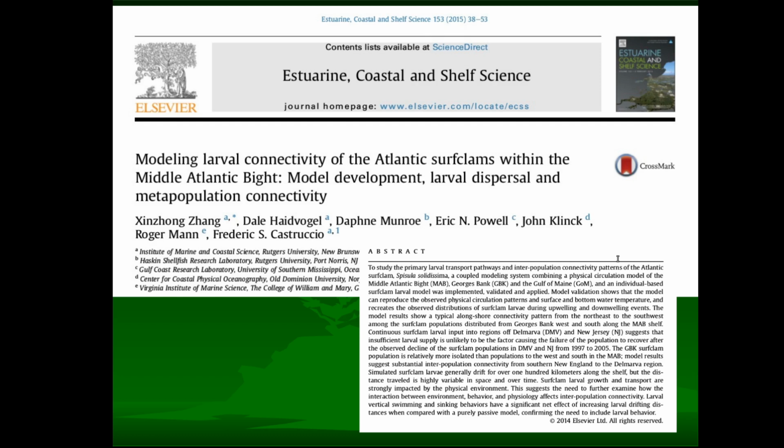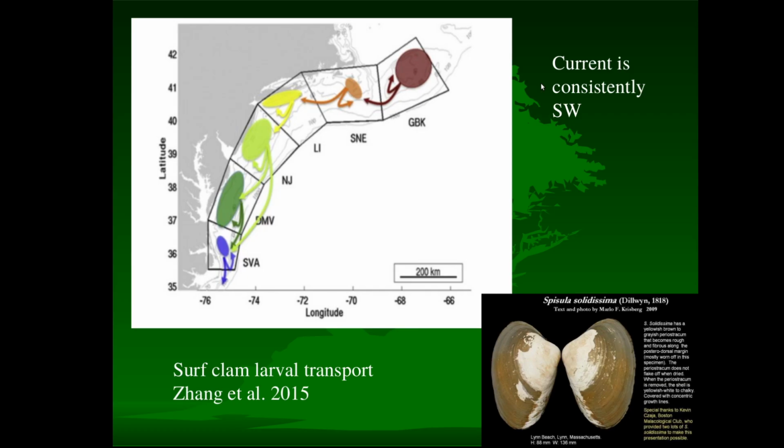Some marine examples of metapopulation dynamics. Here we have the stepping stone model. Migration between subpopulations is unidirectional, like moving along stepping stones in the water in one direction. So, surf clam larval transport in this paper by Zhang and colleagues.